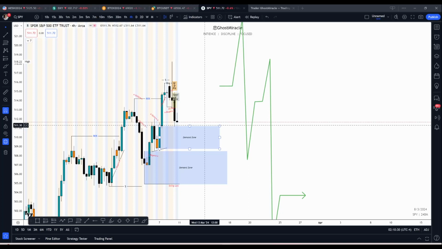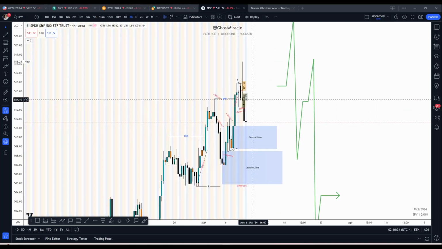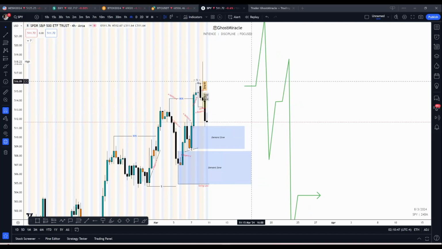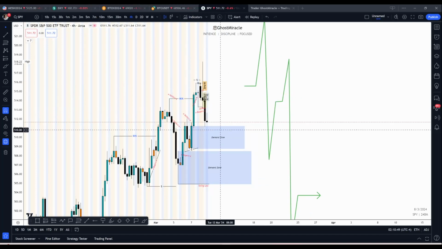Yes, it's a valid demand. However, it may give you a reaction that you can probably catch a play on the smaller time frame. However, the overall goal is for price to continue selling or buying, excuse me, with that higher time frame change of character in play.